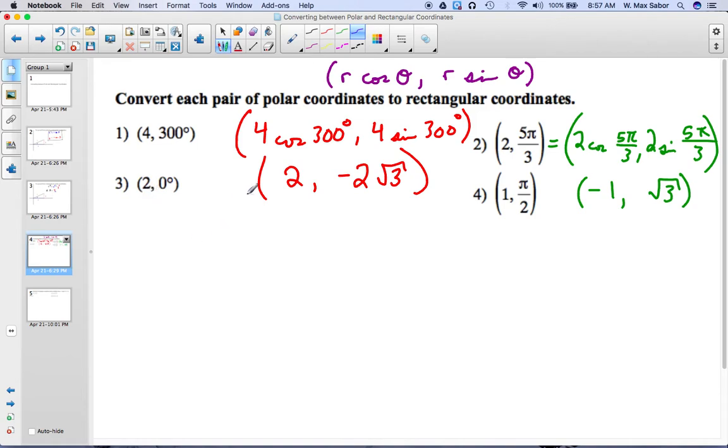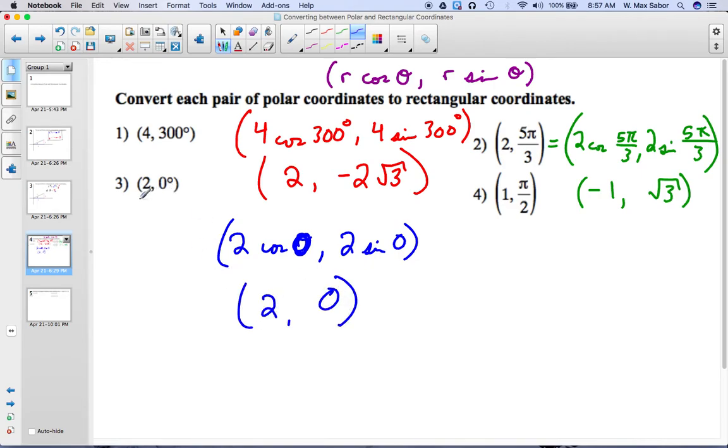For number 3, we have 2 comma 0. Well, we're doing 2 cosine of 0 and 2 sine of 0. Cosine of 0 is 1. Sine of 0 is 0. So in fact, these representations are the same. We're going right 2 and not changing anything either in terms of a rotation or in terms of a translation up.